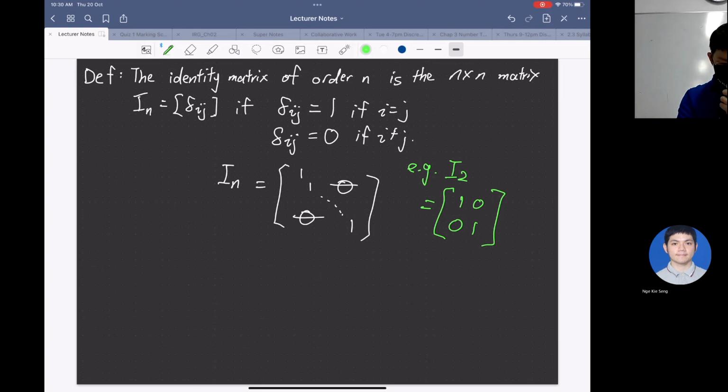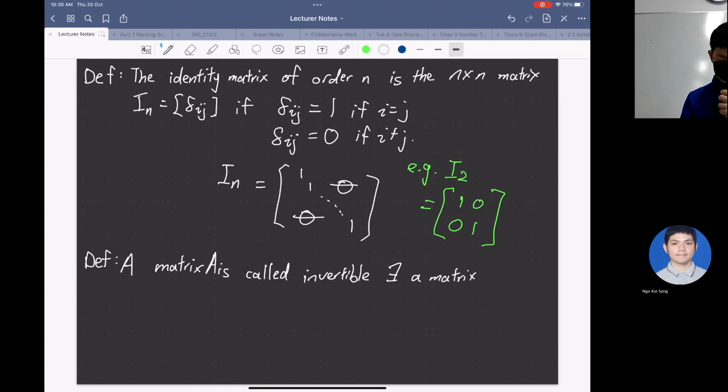Okay. Similarly, we can define when a matrix is invertible. Just now we had invertible functions, right? Now we have invertible matrices. A matrix is invertible if there is another matrix. Let's call this matrix A. Then we have a matrix A inverse such that A times A inverse is the identity matrix and A inverse times A is the identity matrix.